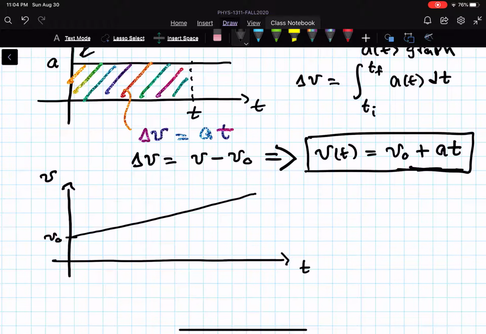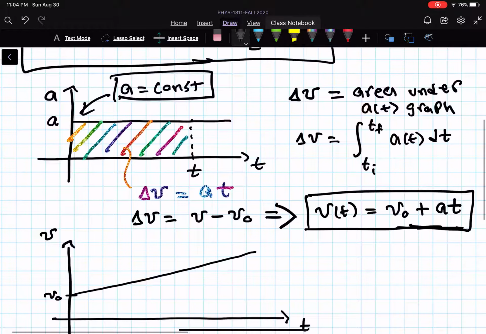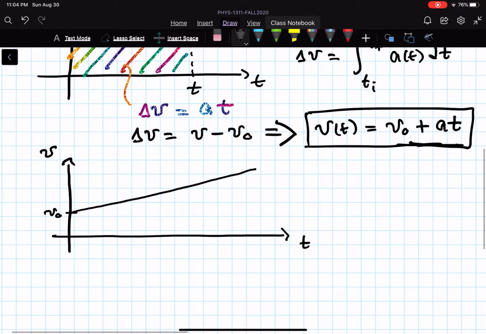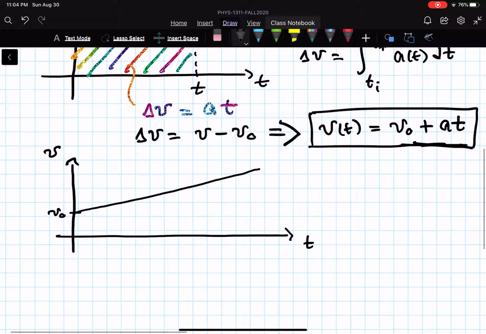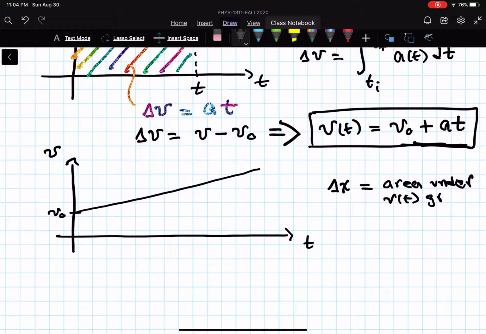And so just as the change in velocity was equal to the area under the a of t graph, now the change in the position, in other words, the displacement, delta x, is equal to the area under the v of t graph. Okay?